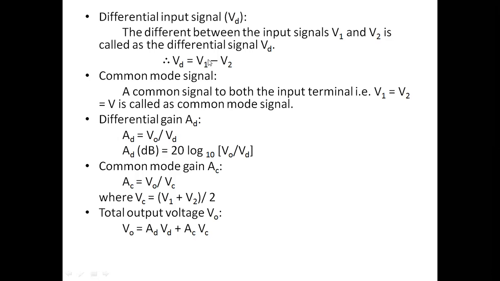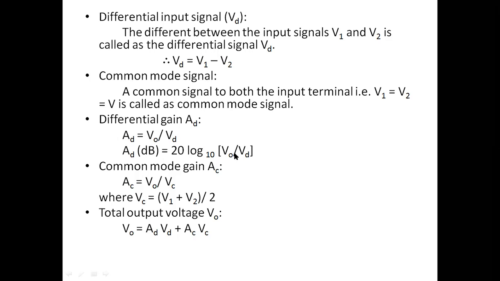This is the difference between the input voltages. If you are calculating in dB, you can calculate AD dB equal to 20 log 10, because this is the standard formula to take the dB value. So you will get 20 log 10 in bracket VO upon VD.